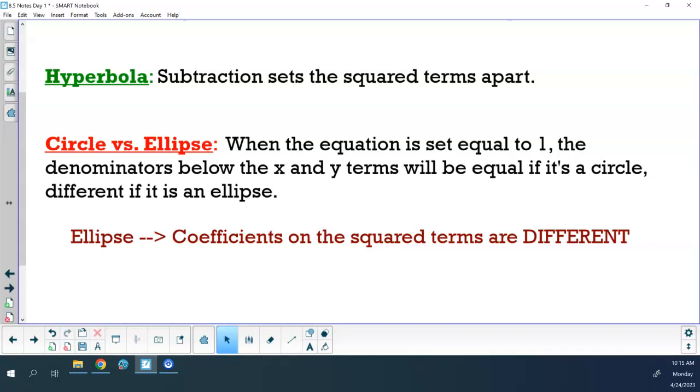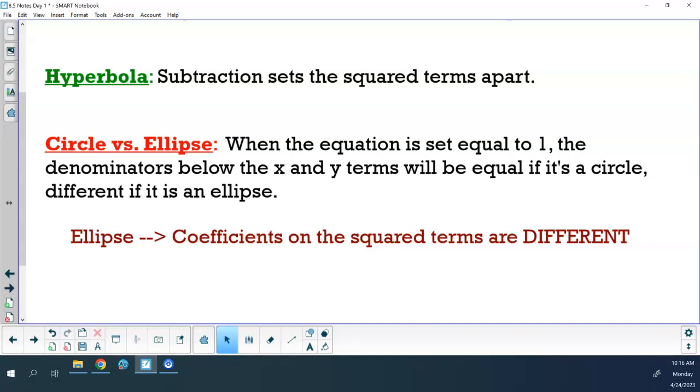Another way of saying that exact same thing is about the coefficients. What does the term coefficient mean? The number in front of the variable. So the coefficients on the squared terms are the same in a circle and different in an ellipse.